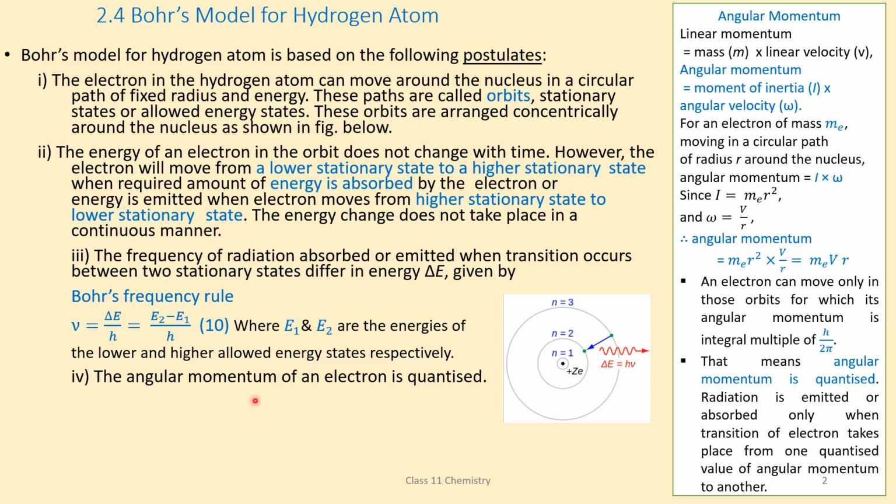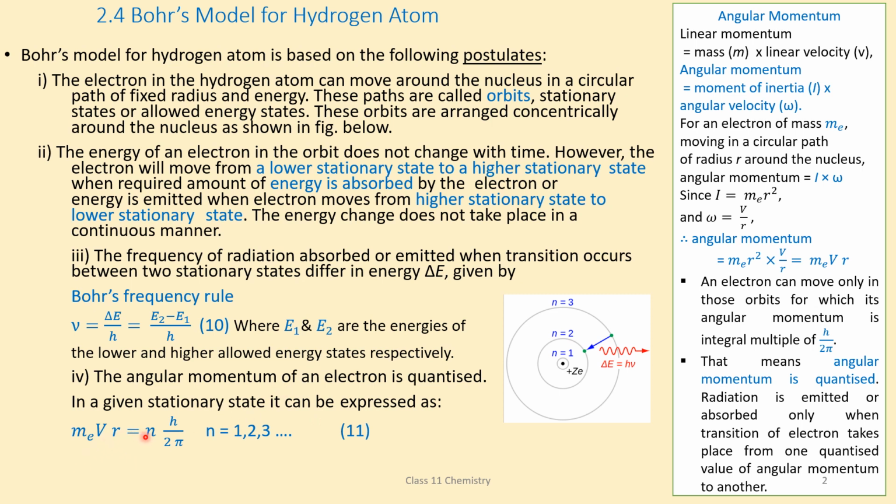The angular momentum of an electron is quantized. In a given stationary state, it can be expressed as me v r equals n h by 2 pi. Here n is an integer, n equals 1, 2, 3, etc., a whole number, and v is the velocity.